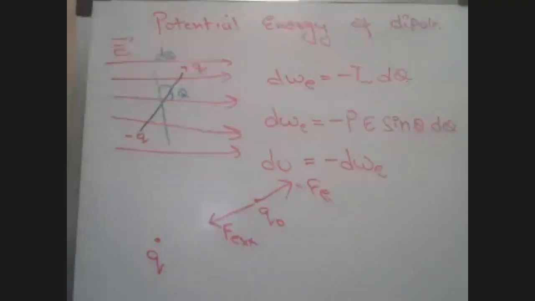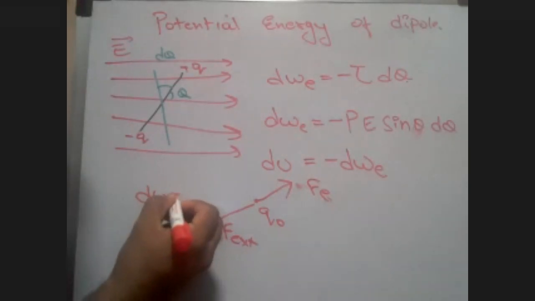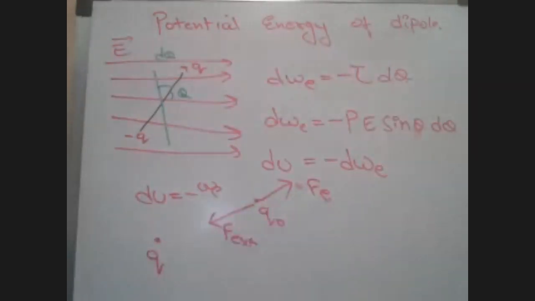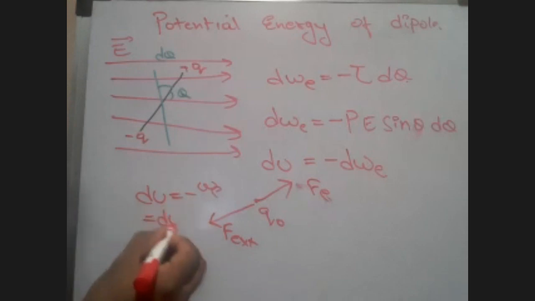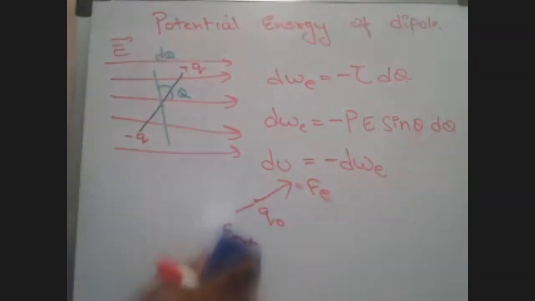So the potential energy is going to be the negative of the work done by the electrostatic force, because it is repelling. When I apply an external force, the charge comes here and the force is also towards it, so it equals dW external. Is this relation clear, everyone?